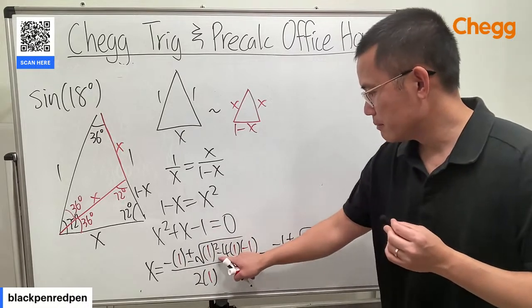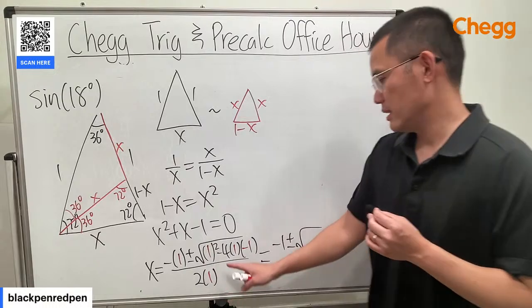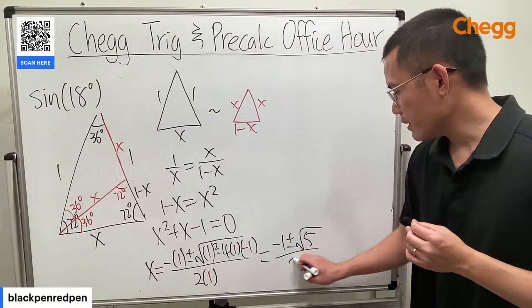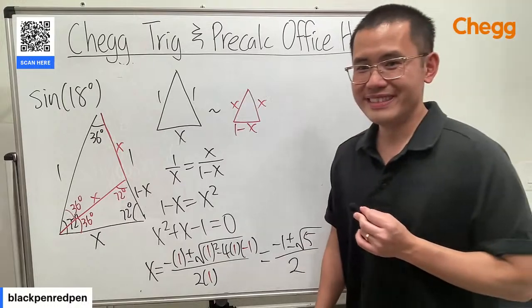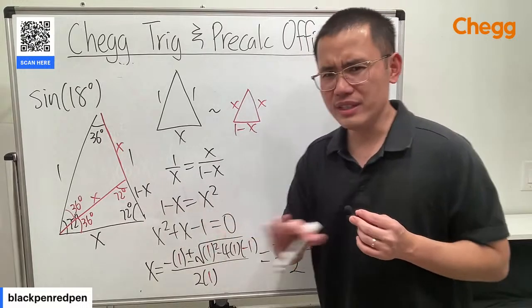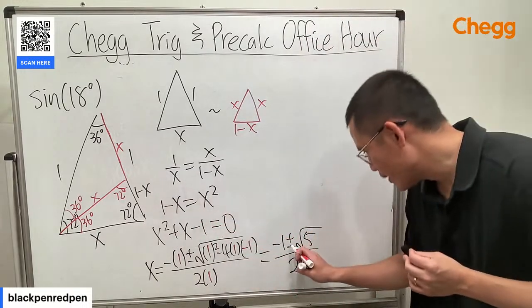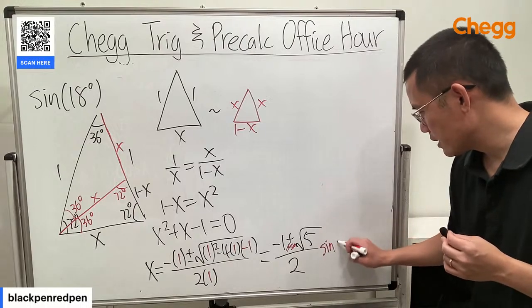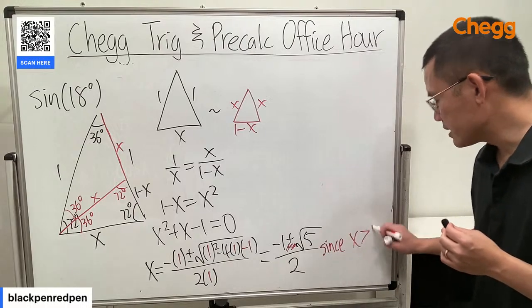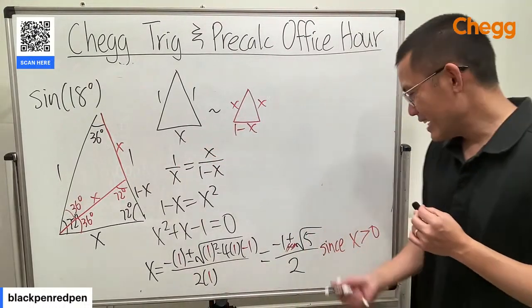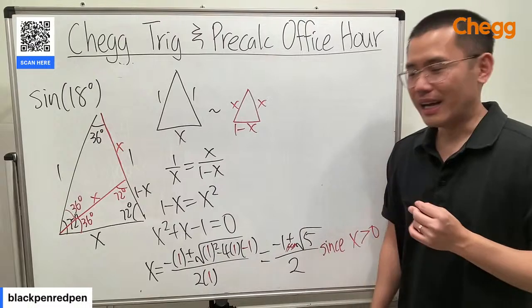That's 1. Minus minus becomes plus, and then 4. So 1 plus 4 is 5, over 2. x is the side of a triangle. It cannot be negative. So we have to get rid of the negative right here. Since x has to be positive, we are talking about triangles here, right?